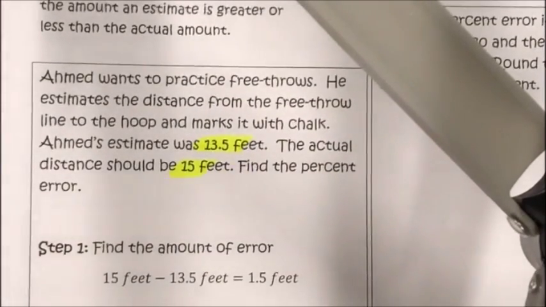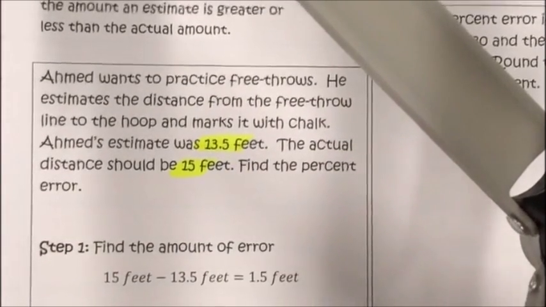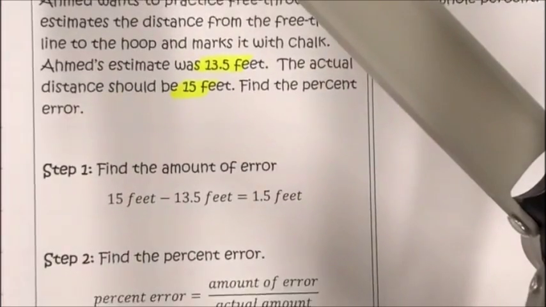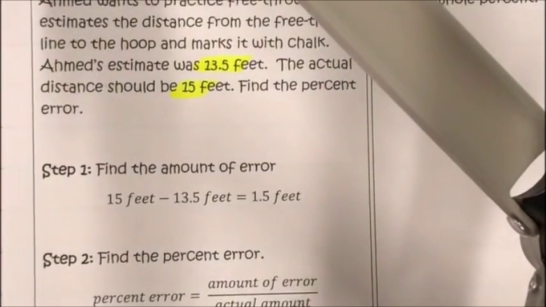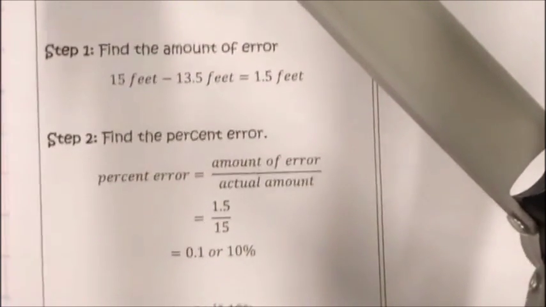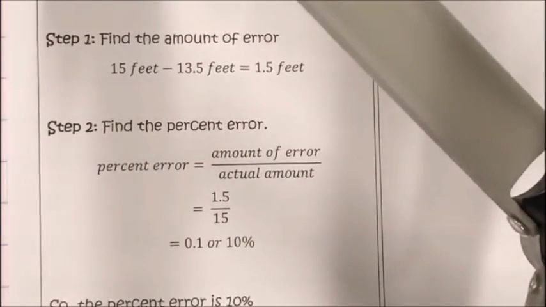So step one, here's my two numbers, 13.5 and 15. So I subtract them. 15 minus 13.5, 1.5 feet. Doesn't matter which one you put first. I recommend that you put the larger number first so you get a positive number. Step two, find the percent of error. So I take the amount of error, which was 1.5 feet, over the actual amount. So that's the actual distance, was 15 feet, right?